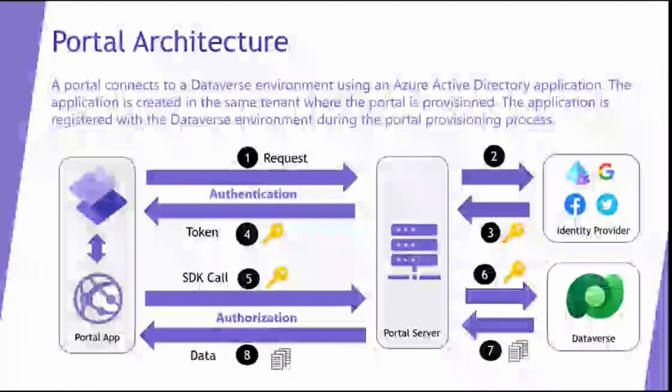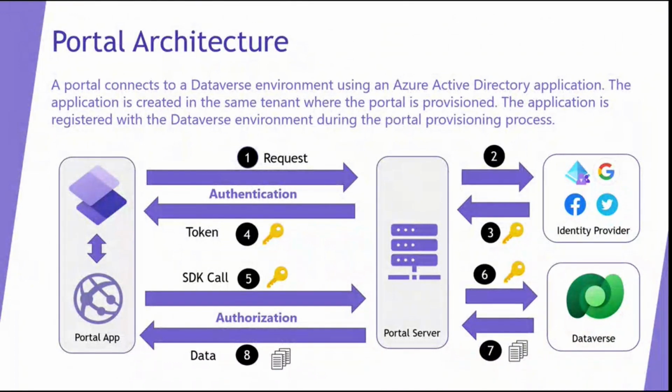You can create a conditional access policy, create a group where you put all these users, and associate that conditional access policy to that particular web app. This is one additional layer of security you can provide to the portals. This is a very important thing.